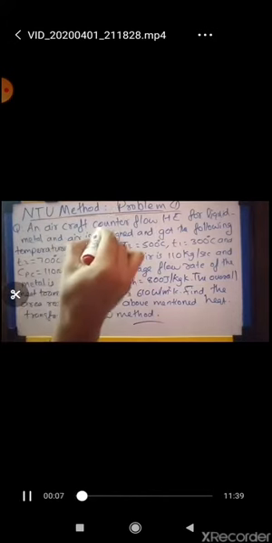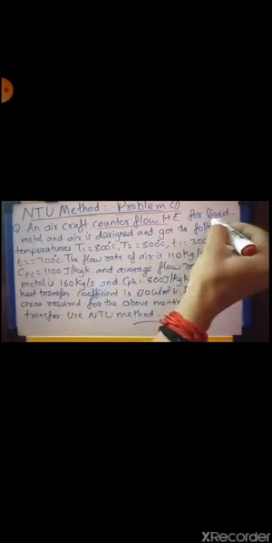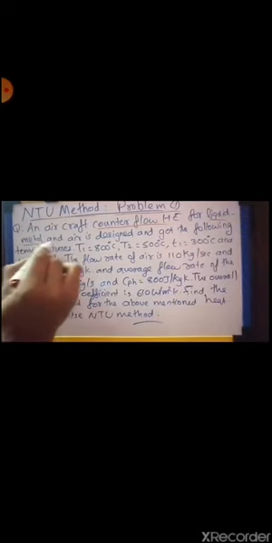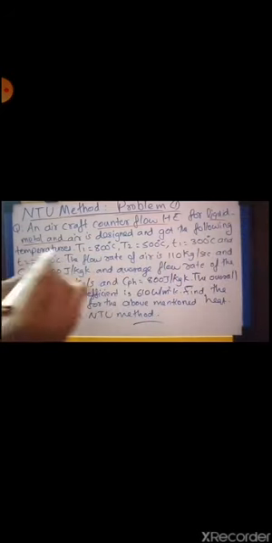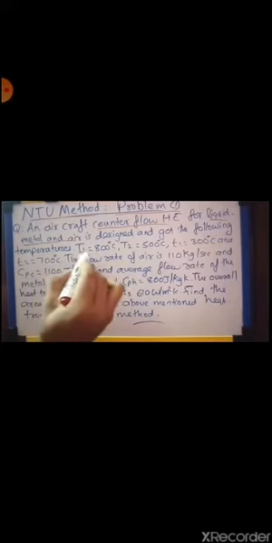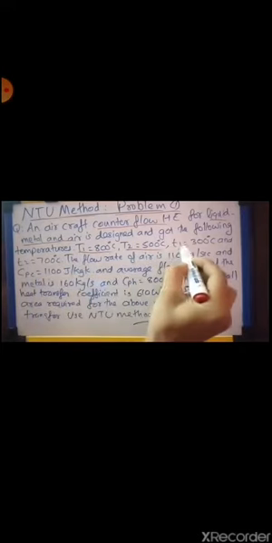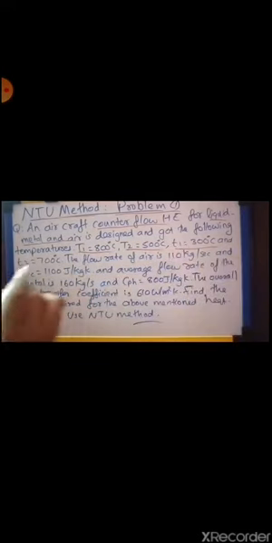Once again, this is NTU method, problem number 1. An aircraft counterflow heat exchanger is given, where liquid metal is one fluid and air is the other fluid, and temperatures are given: capital T1, capital T2, small t1, small t2, all are given in the problem itself.